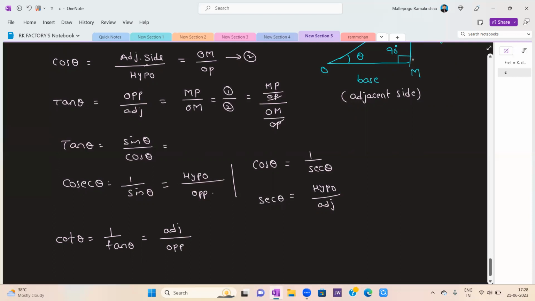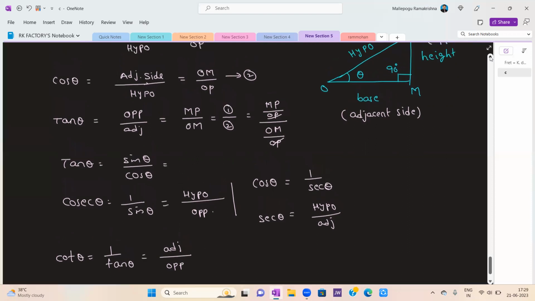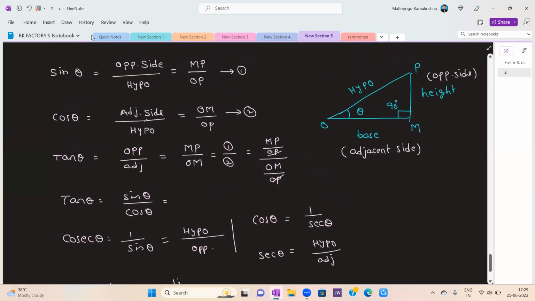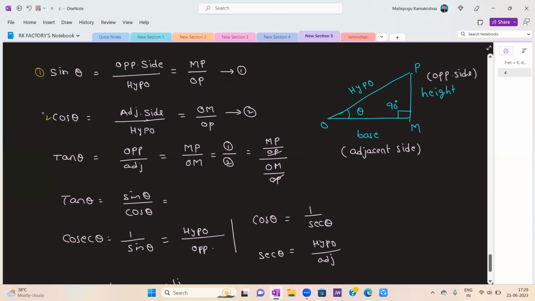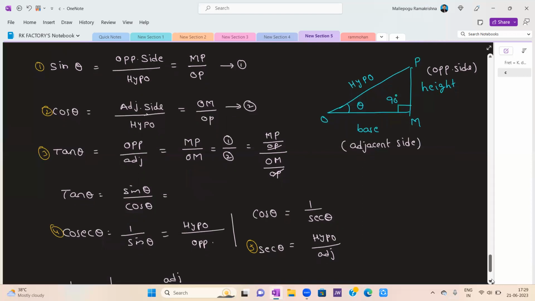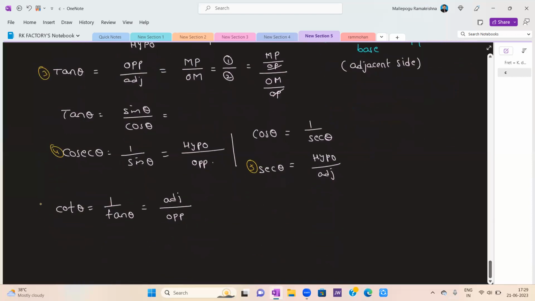So these standard definitions and relations we have to understand whenever we are going to use them next. When I write sine theta, cos theta, tan theta, cosecant theta, secant theta, and cot theta, these are reciprocals of one another, that we have to understand.